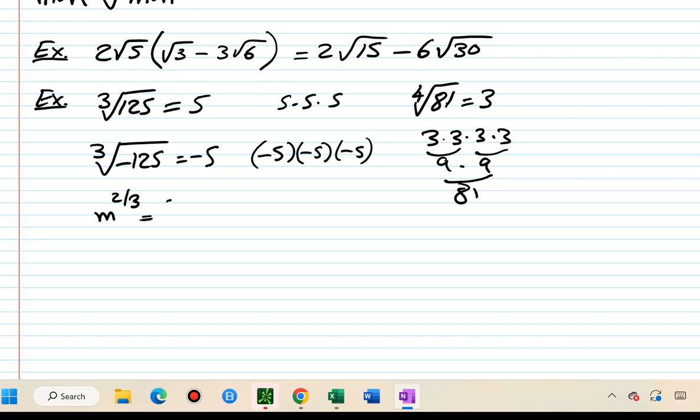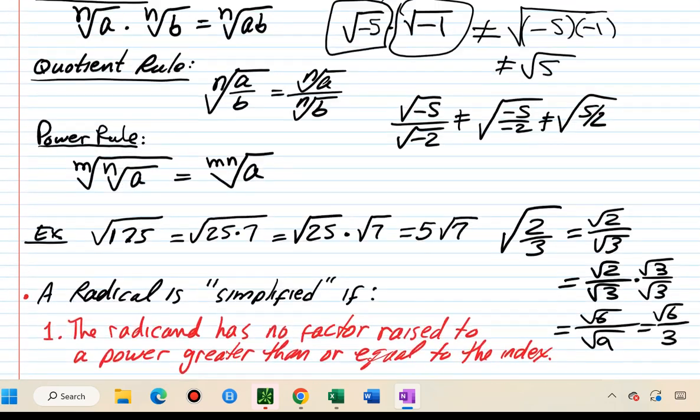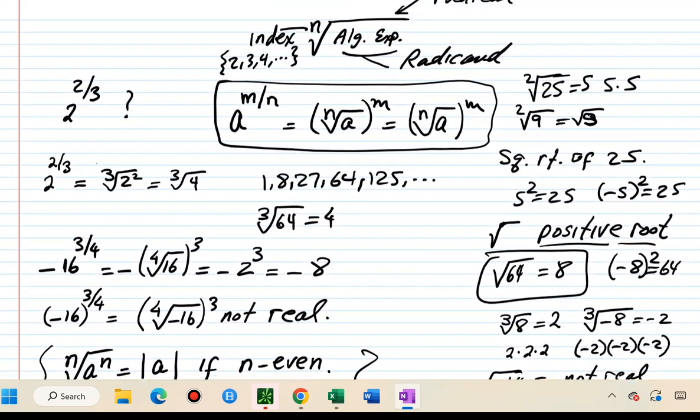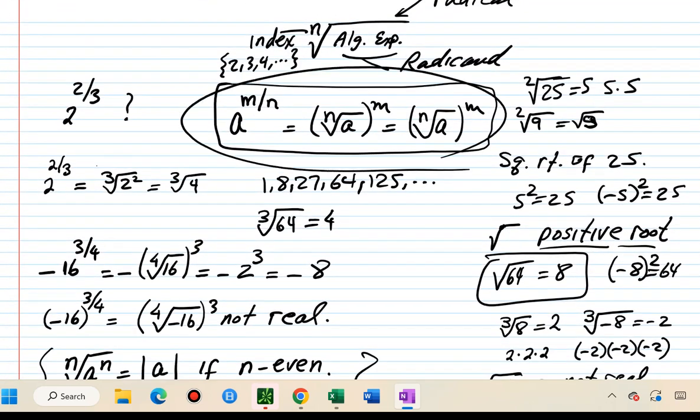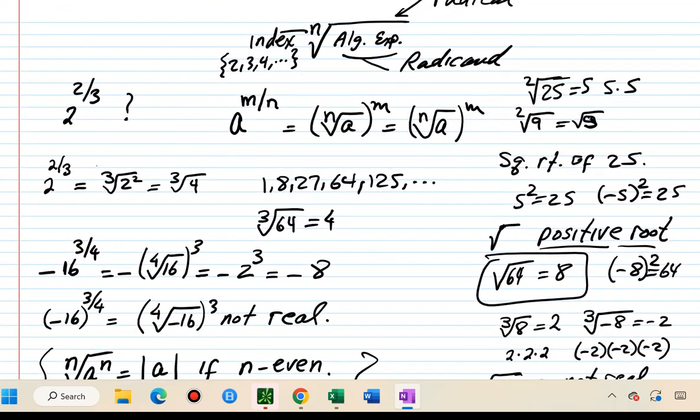This one we can write as cube root of m squared. Or we can also write it as cube root of m, the quantity squared. Remember, there are 2 versions of that according to our opening.